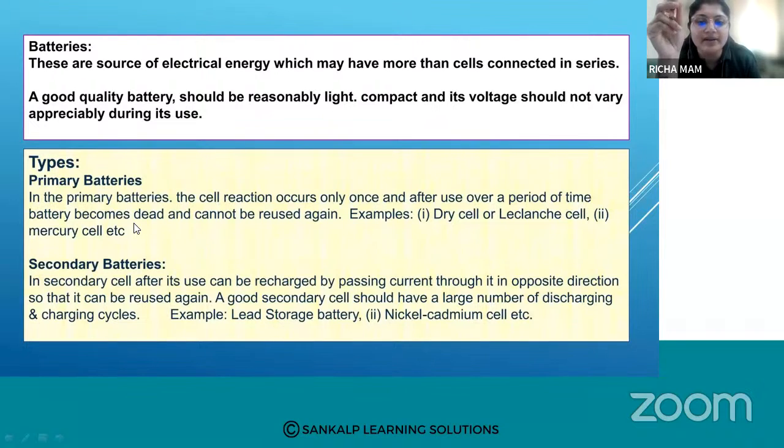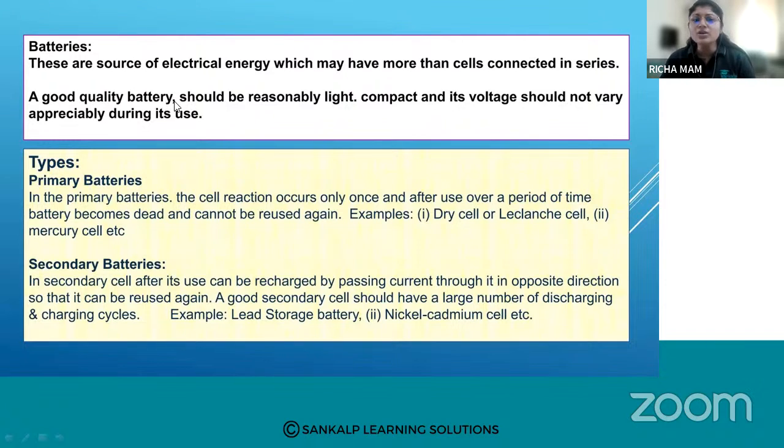Some batteries you first have to charge, and later when the light goes and you switch it on, those are different types of batteries. These are sources of electrical energy, and they have more than one cell connected in series.